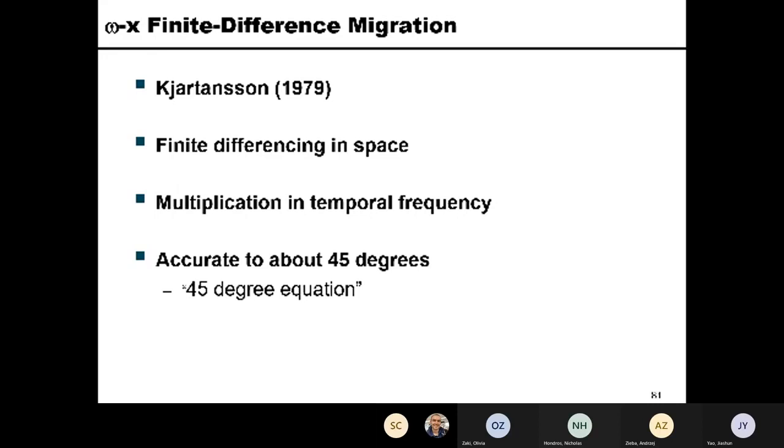You can see the efficiency increases dramatically. So the space domain still uses a convolution, which is finite difference, but in the time domain, after Fourier transform to temporal frequency, the convolution becomes a multiplication. But this one is up to 45 degree accuracy.